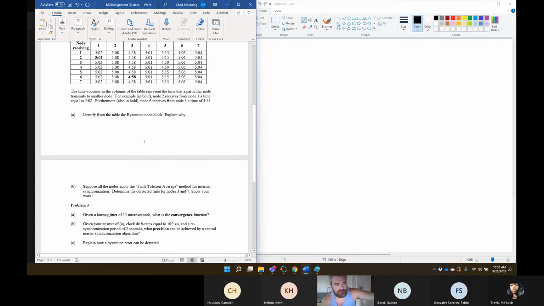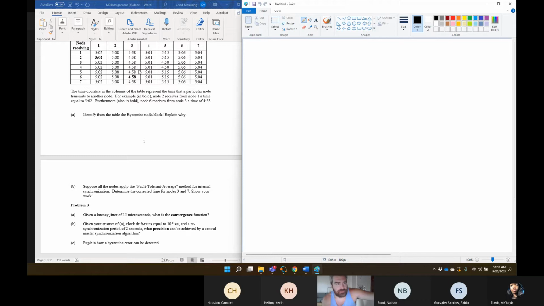Suppose all the nodes apply the fault-tolerant average method for internal synchronization. Determine the corrected time for nodes 3 and 7. So we will do node 3. So the time on node 3, according to node 3, is 4:58. So clock 1 is plus 4.